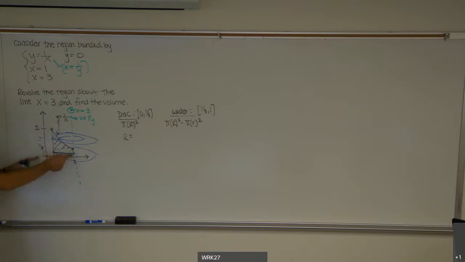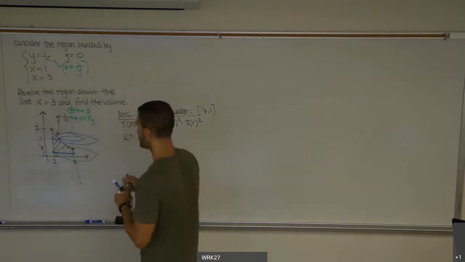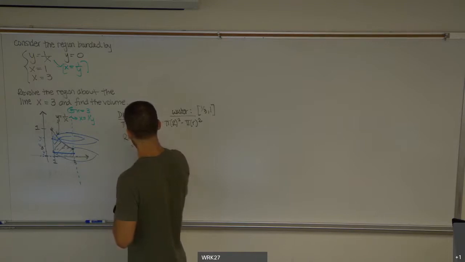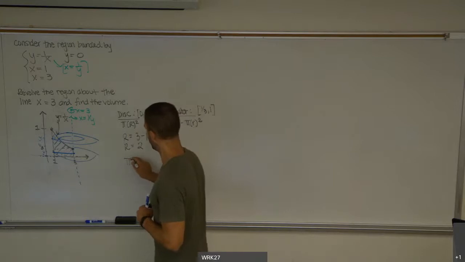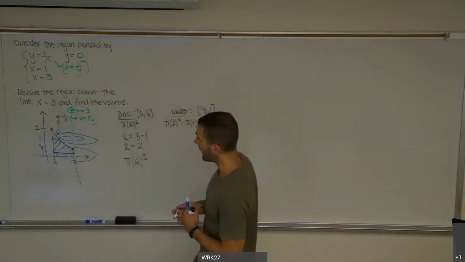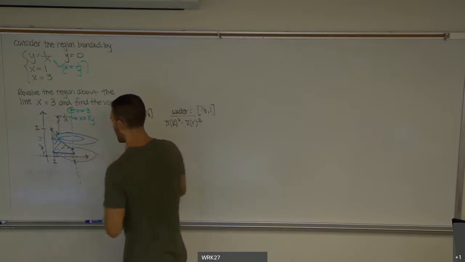The center to the edge, bigger minus smaller, gives me 3 minus 1. And in fact, it's always 3 minus 1, which is 2. So the radius of these discs is always 2. And so the area of the discs is 4 pi. And we see that, right? In between 0 and 1/3, there's no change. This is a constant here, this is a constant here, and there we go.